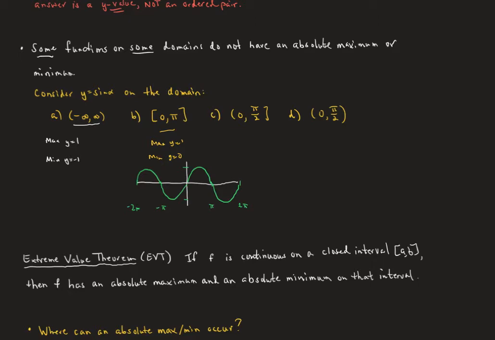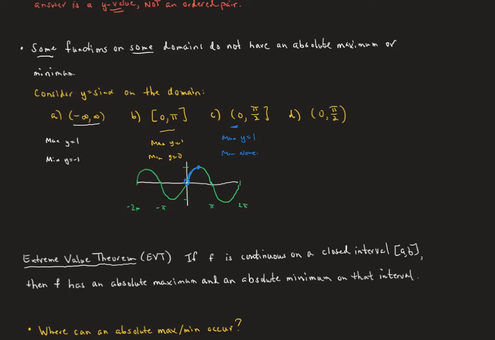But if we look at an open interval on the left, at 0, that means we're going to have an open circle there, and then at pi over 2, we're going to have a solid dot. So on that interval, the piece of the sine curve we're looking at does have a maximum value of Y equals 1, but it does not have a minimum value because it never quite makes it to 0, and there is no value right next to 0.